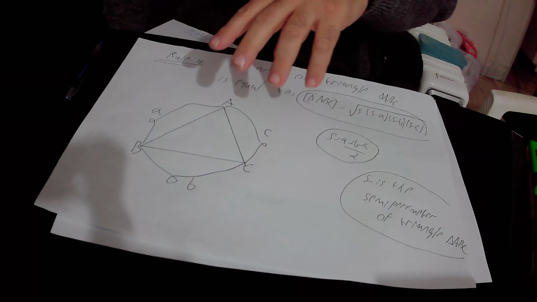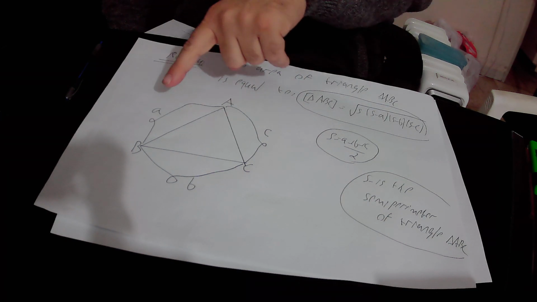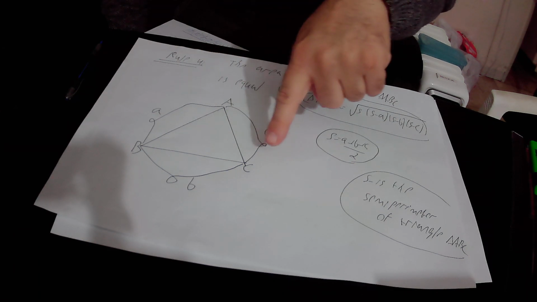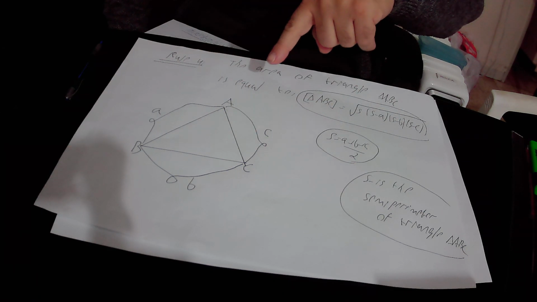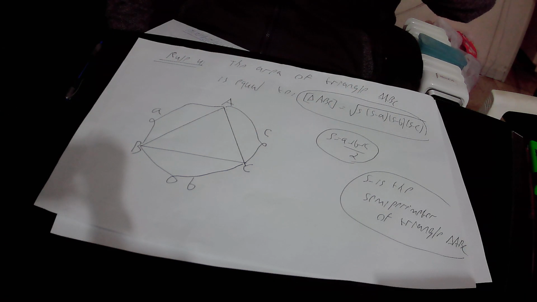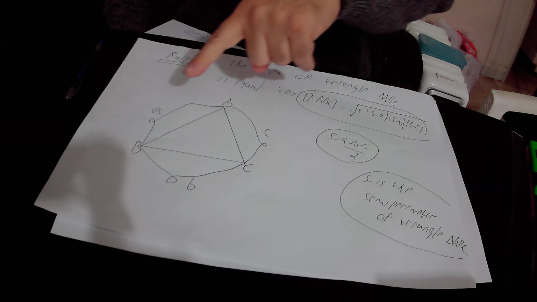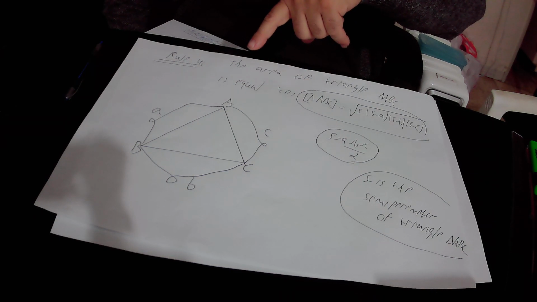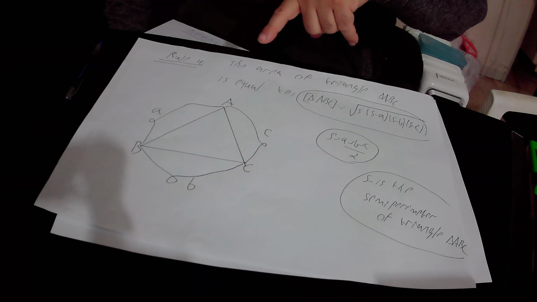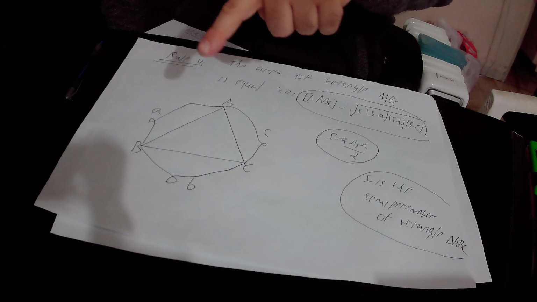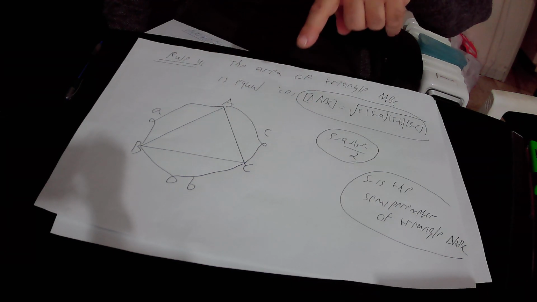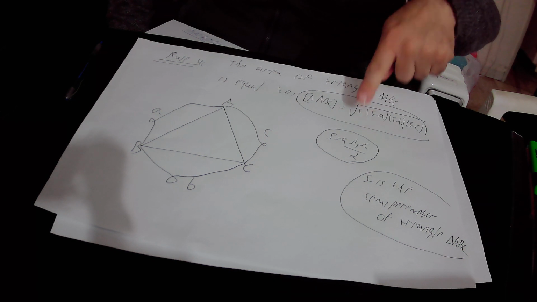In this triangle ABC, side AB equals A units, BC equals B units, and side AC equals C units. The semi-perimeter of this triangle equals the perimeter, that is A plus B plus C, over 2. So S equals A plus B plus C over 2.